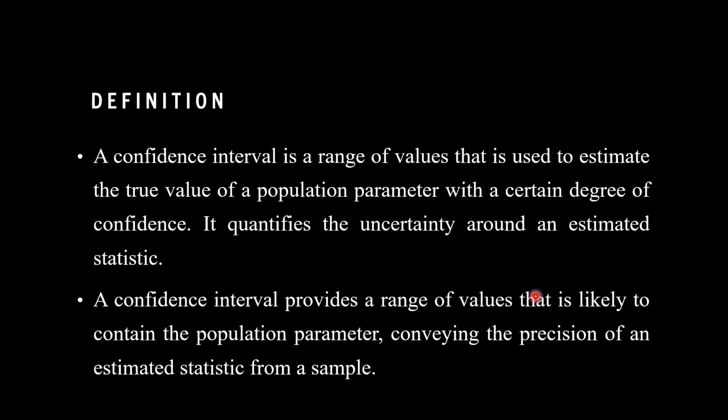A confidence interval is a range of values that is used to estimate the true value of a population parameter with a certain degree of confidence. So it quantifies the uncertainty around an estimated statistic. But it is not related to the risk. Any result I can find in a study, I need to generalize.